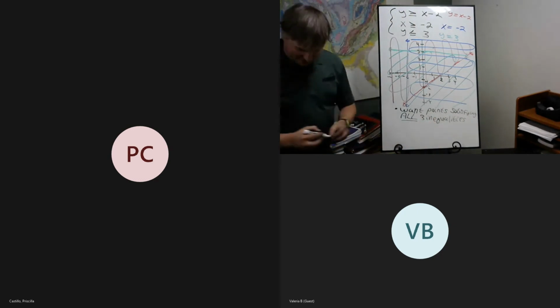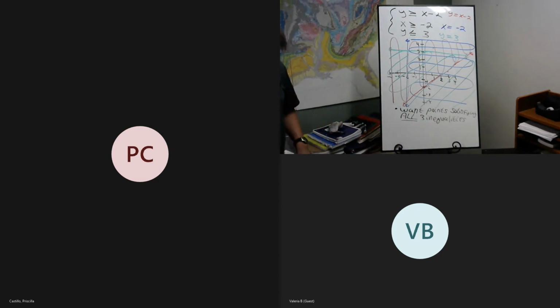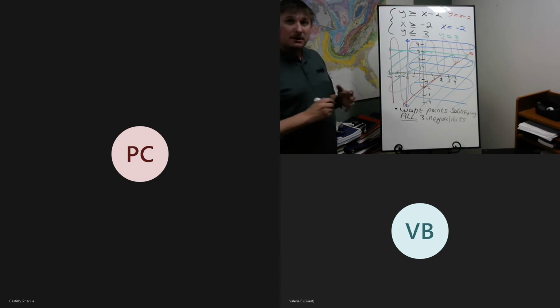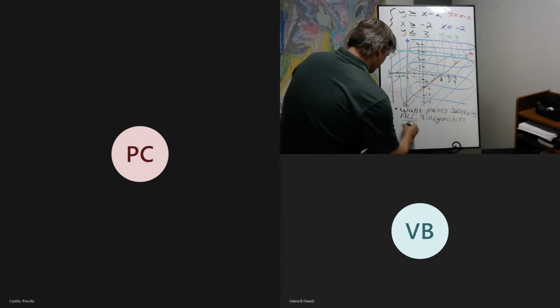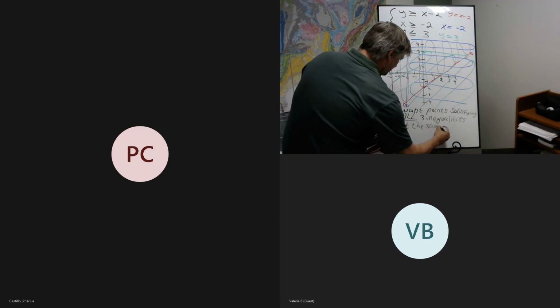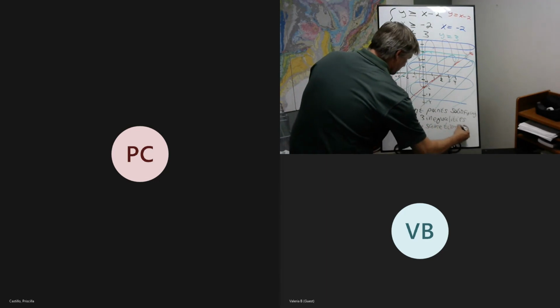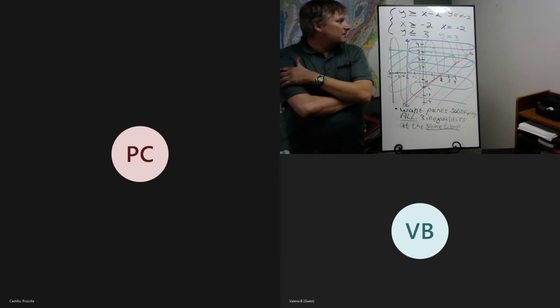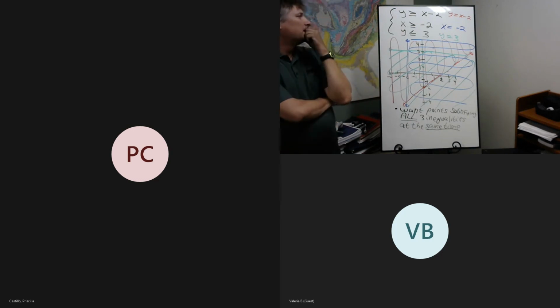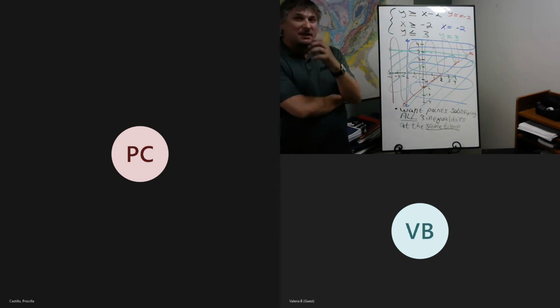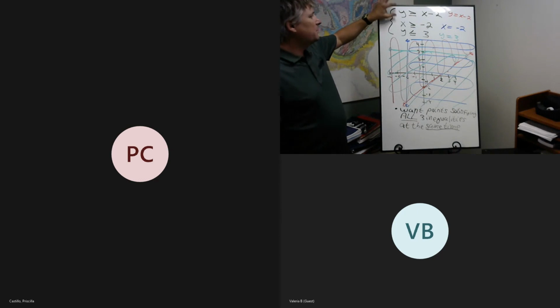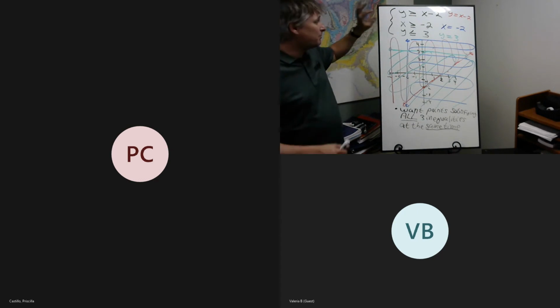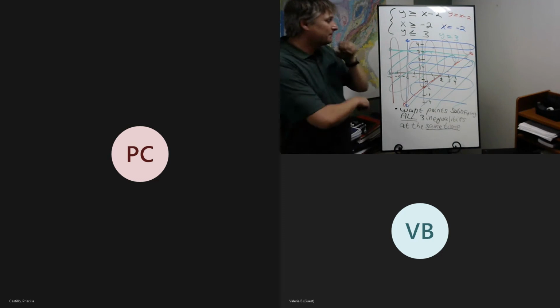All 3 inequalities at the same time. So there's a point that satisfies this one, that also satisfies this one, and that same point also satisfies this one.